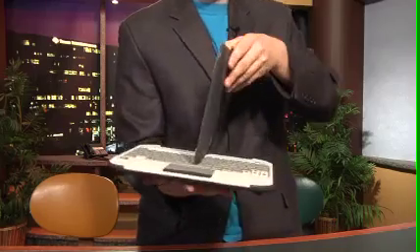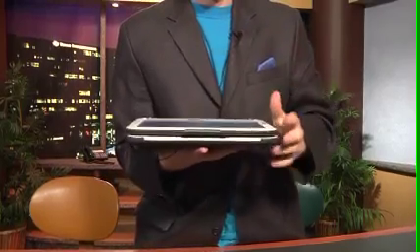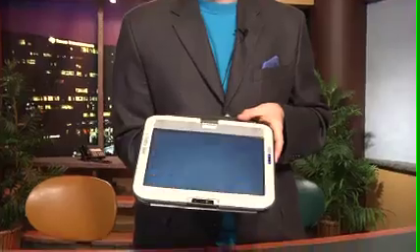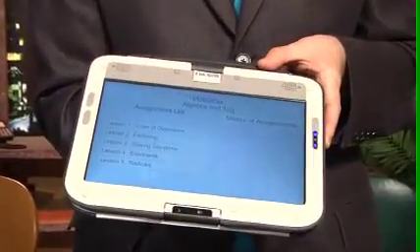Here we have the Intel Classmate PC, which is sold in the United States and developing countries, and for the developing countries at only about $100, a much reduced price than what we have to pay here in the United States. The Classmate PC comes with a ruggedized, rubberized shell that resists shocks and drops up to 4 to 6 feet.